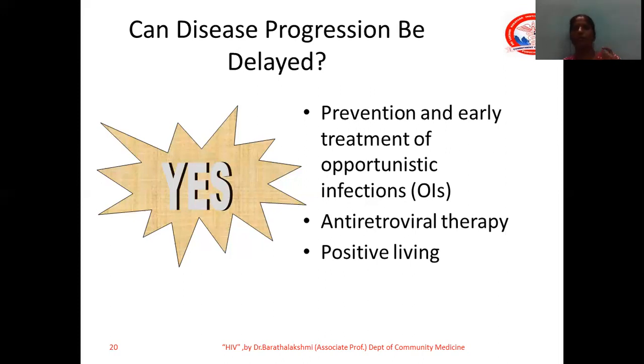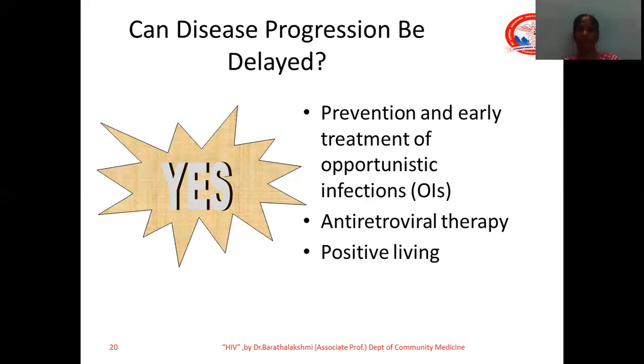One way is to maintain the CD4 count so that it does not drop. Another way is to decrease the viral multiplication, and thereby maintain the CD4 cell count. That is how we can delay the progression of the disease.